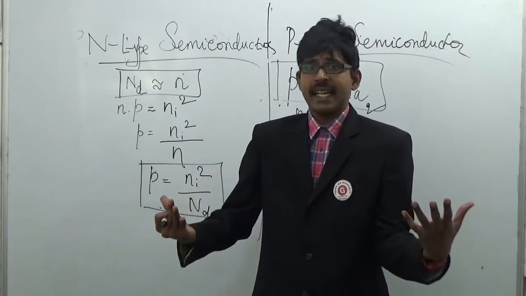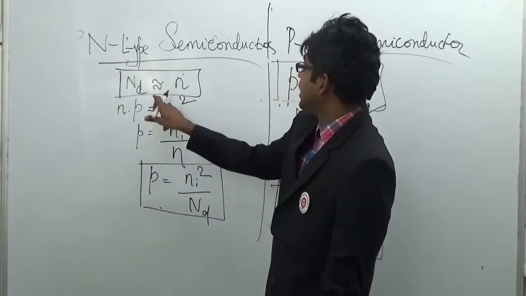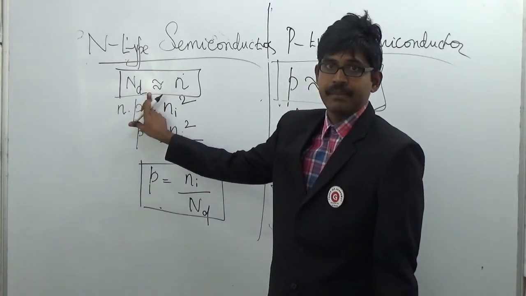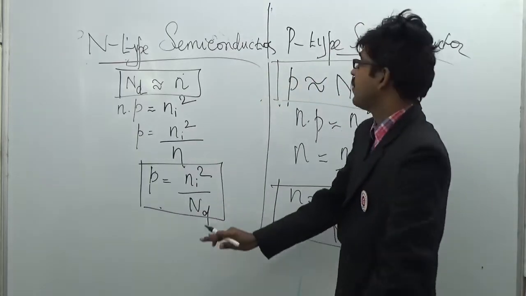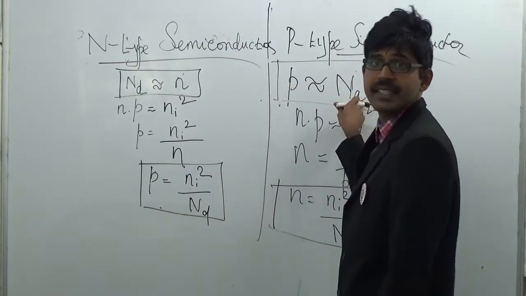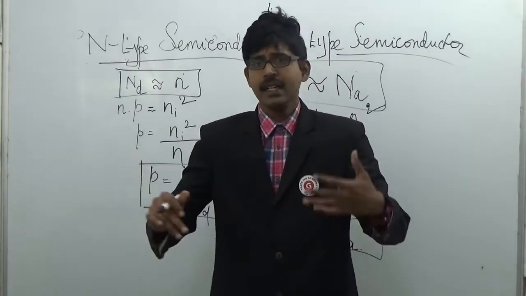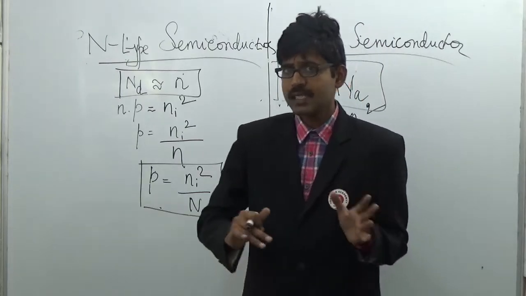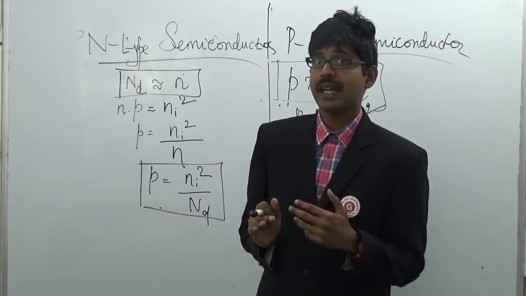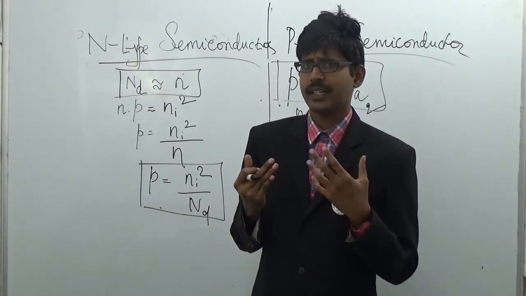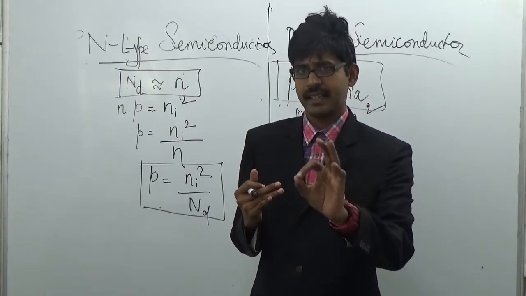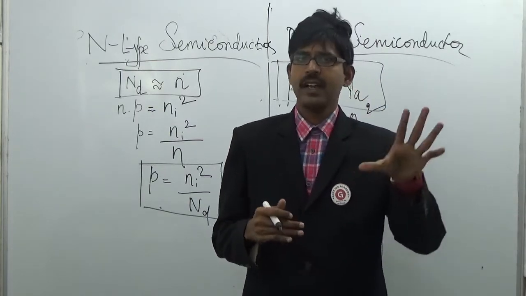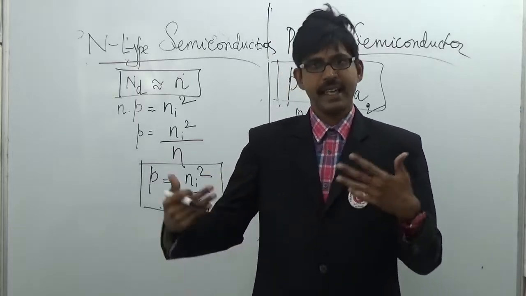If a semiconductor is doped with a donor impurity, then it is going to be an n-type semiconductor. If it is doped with an acceptor impurity, then it's going to be a p-type semiconductor. So you must be in a position to correctly identify what type of semiconductor it is. Then you have to go for finding out the value of n and p.